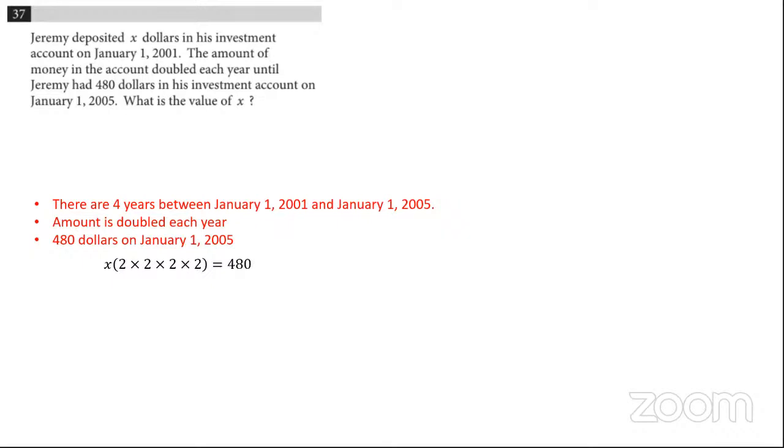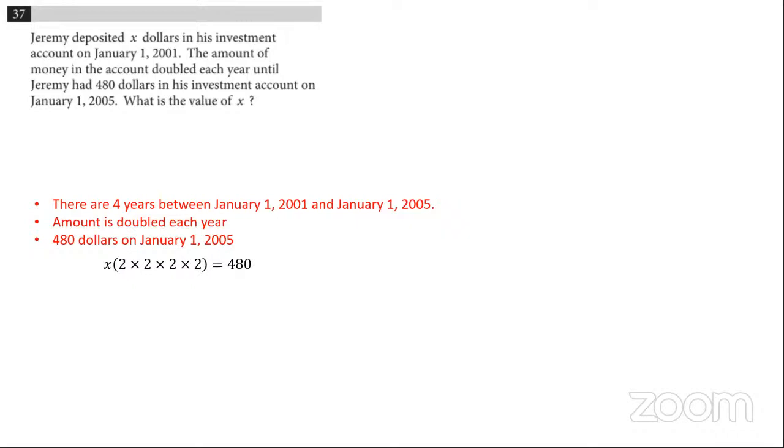In each year, the amount is getting doubled. Since there are 4 years in between, we have X into 2 into 2 into 2 into 2, 4 times. Do you have any doubt regarding that? If not, I'll move ahead.